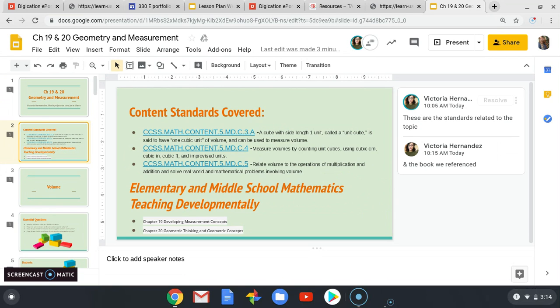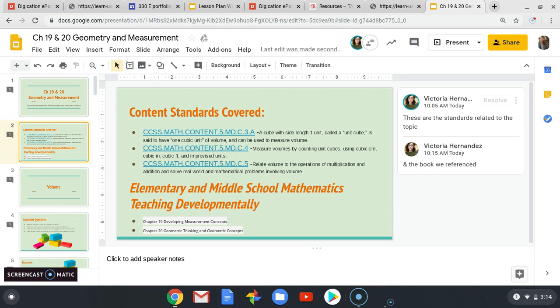After this lesson, the goal is for a 5th grader to be able to solve volume on different 3D shapes. This is a buildable geometry standard that students need in future math classes. So the content standards covered for the Common Core in California are: a cube with side length 1 unit, called a unit cube, is said to have 1 cubic unit of volume and can be used to measure volume.